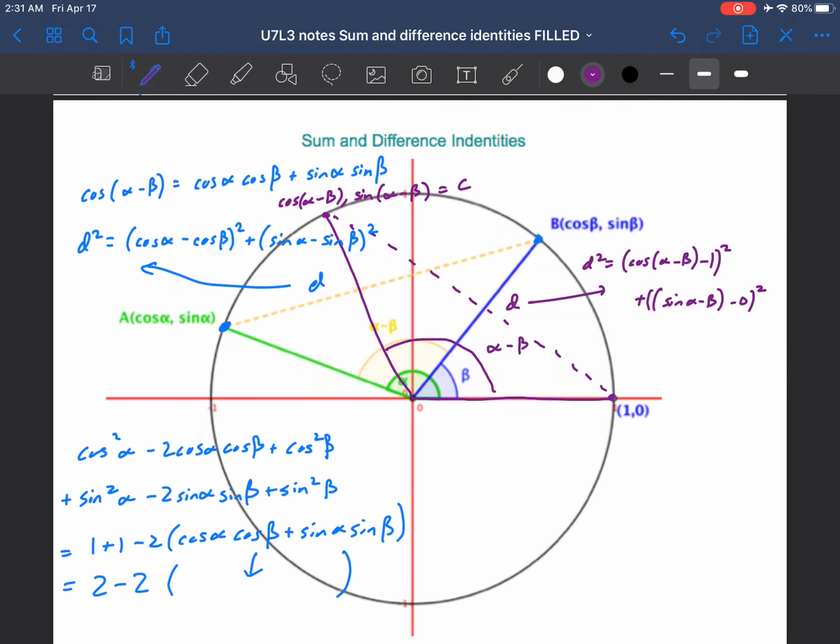All right. Purple parts, same idea, so let's expand this out. All right, so we're going to expand out this plus this. Well, that turns into cosine squared alpha minus beta minus 2 cosine alpha minus beta plus 1 plus sine squared alpha minus beta.